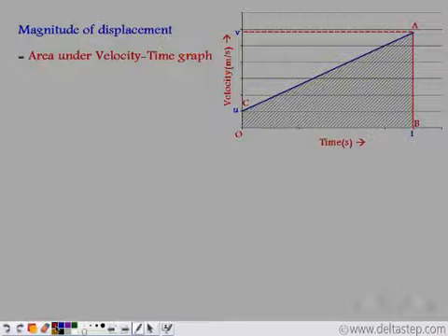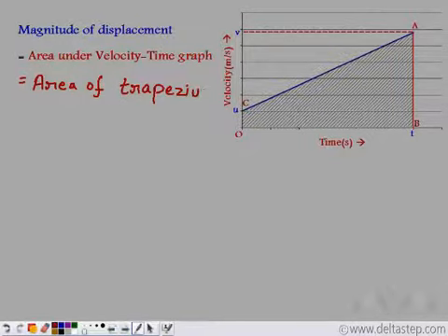And what is OCAB? OC is parallel to BA. So two sides are parallel, and since this is a quadrilateral with two sides parallel, OCAB is a trapezium. So the area under the velocity time graph is equal to the area of trapezium OCAB.